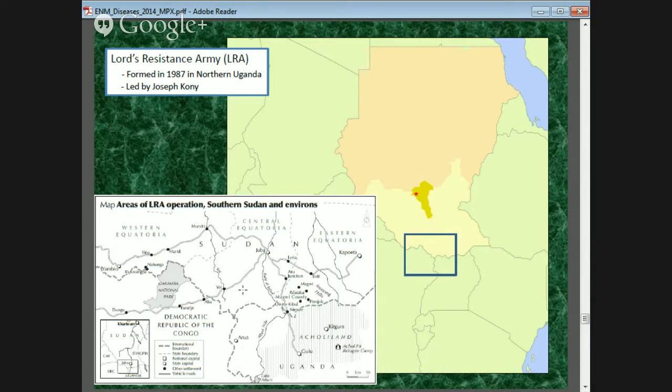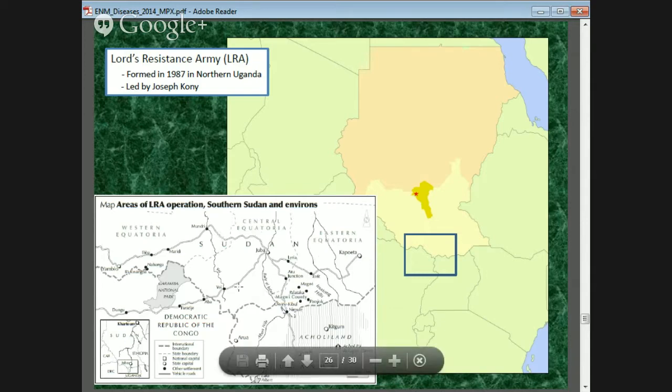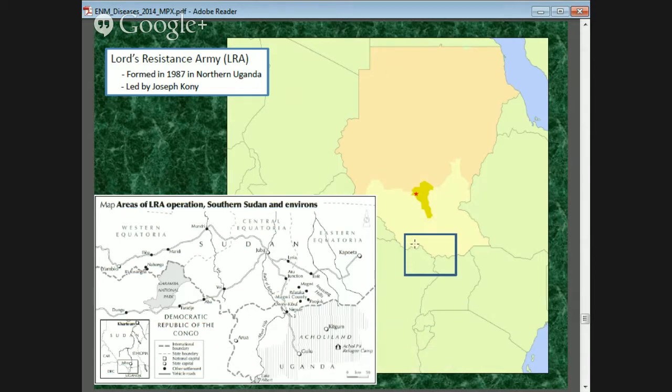So you could imagine that people in this area would flee or go somewhere else, going north to get away from this army, because it is a very violent army. So you will just go away.